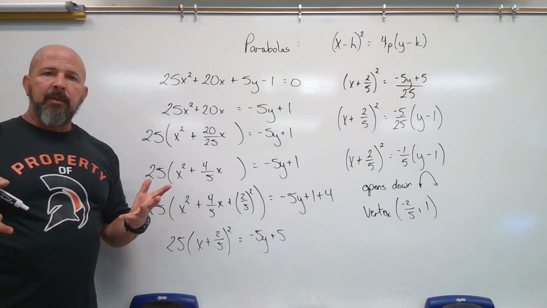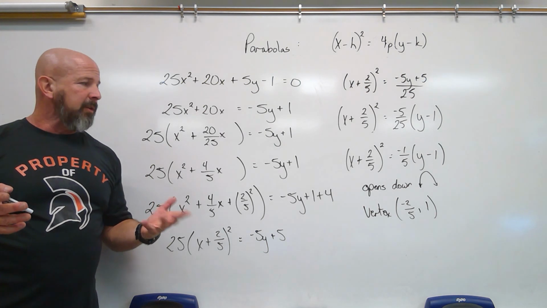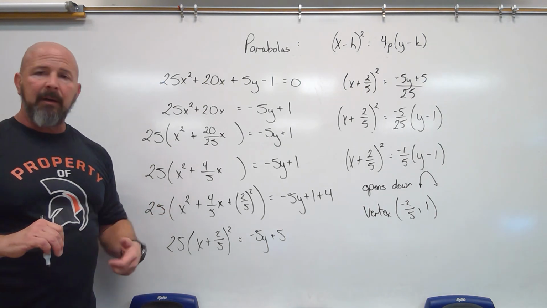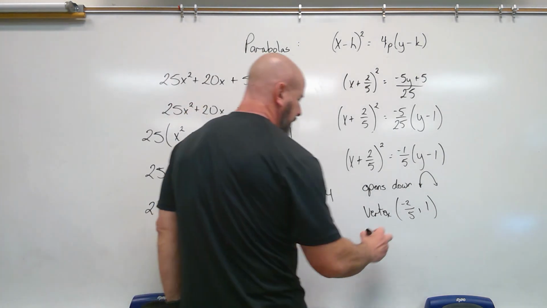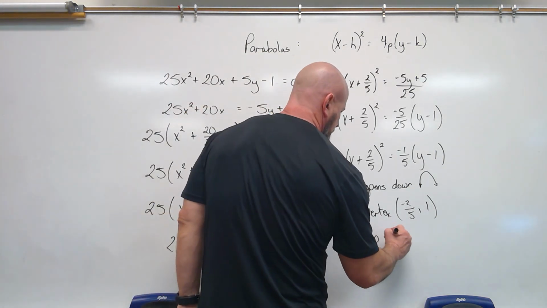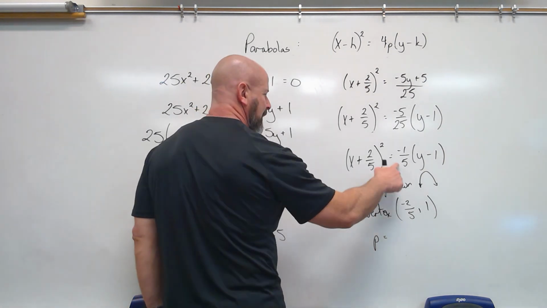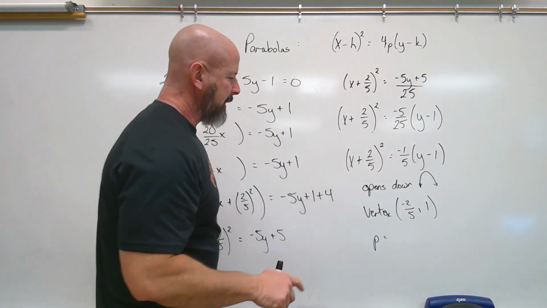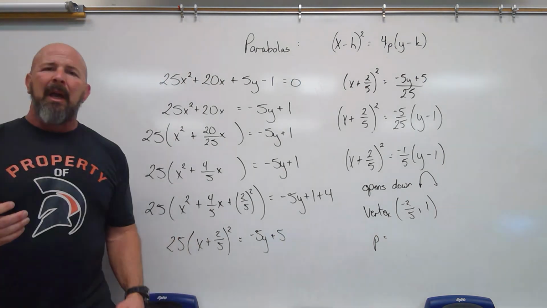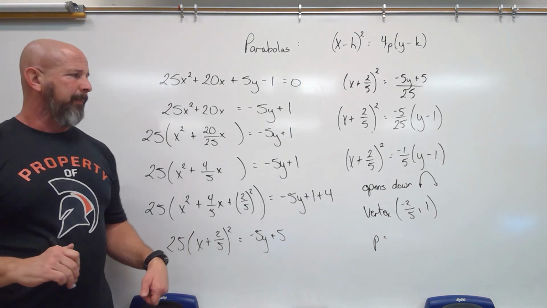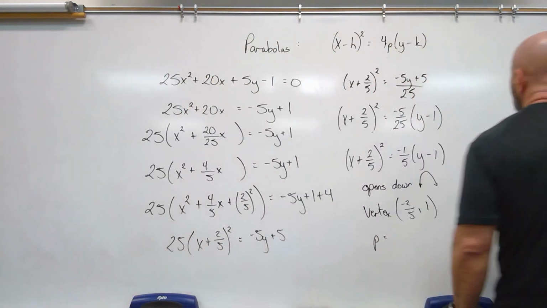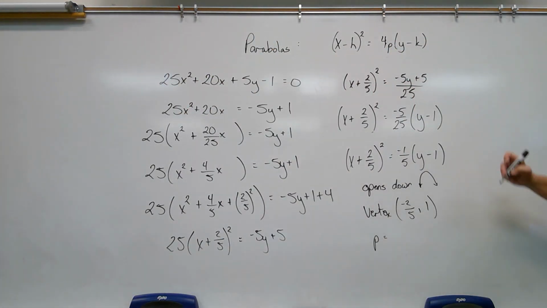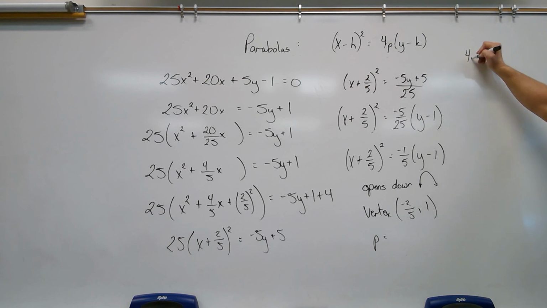I'm going to go through on this one. We're going to find the focus and directrix, but I need that p value. So in this case, p. I'm looking right here and going, all right, what would that p value be? And that's tough with a fraction there. So one of the ways that I mentioned earlier for dealing with it was, what if we said 4p is 1/5?